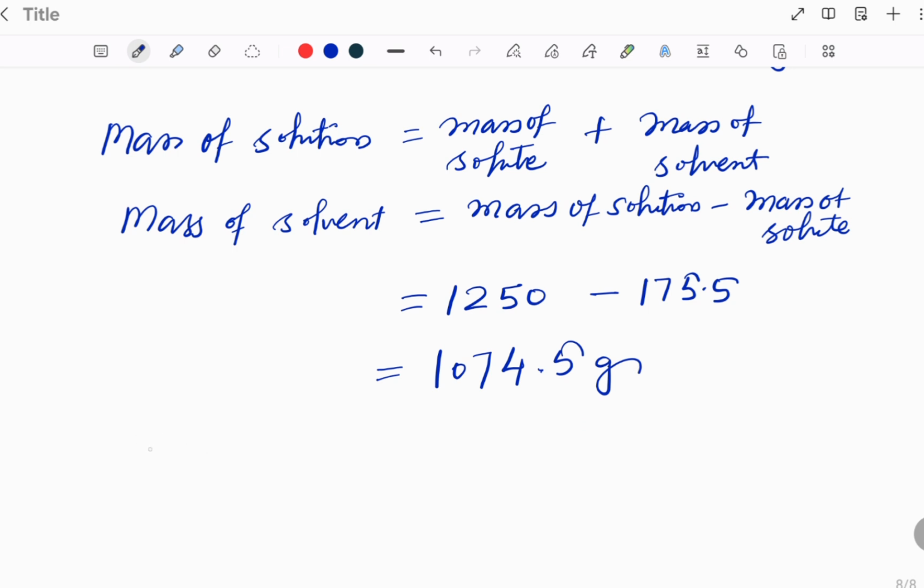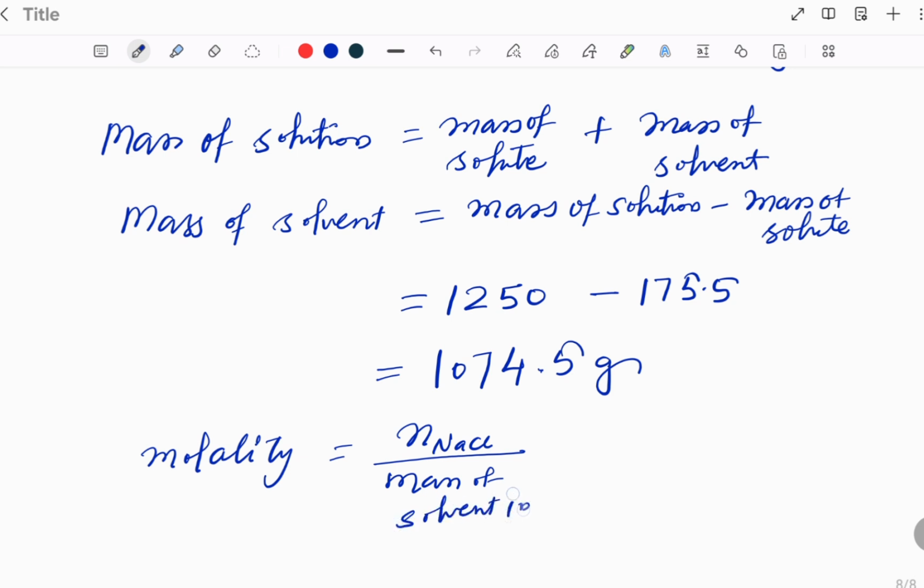Now we can calculate the molality. So molality is equal to number of moles of sodium chloride divided by mass of solvent in kilograms. So now we have to convert this gram into kilogram.